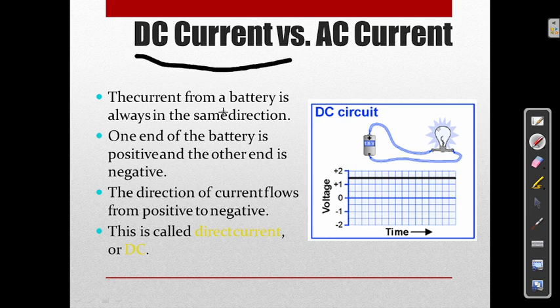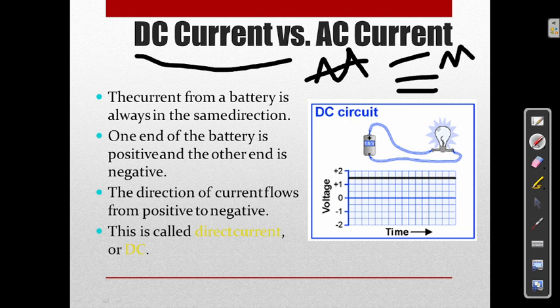The current from a battery is always in the same direction. In DC current, there is no sinusoidal waveform like this. It has only one direction, either this direction or this direction. It won't be like this direction.